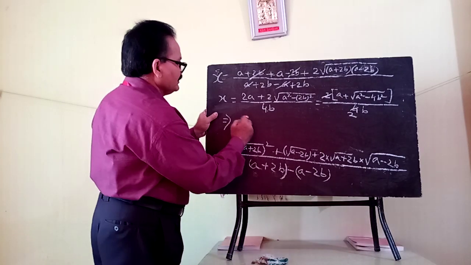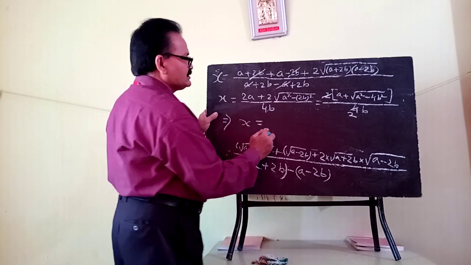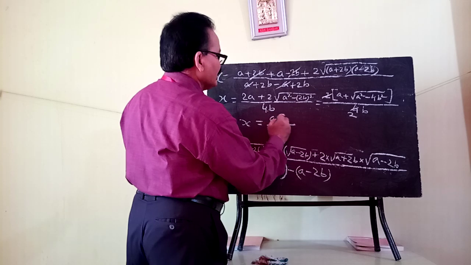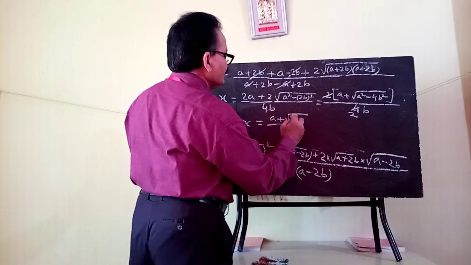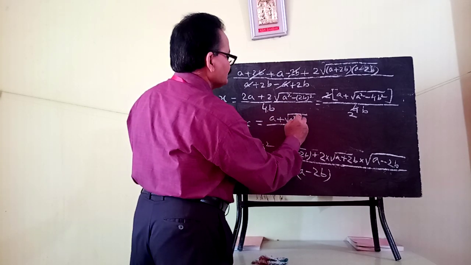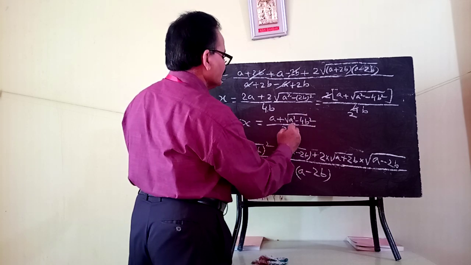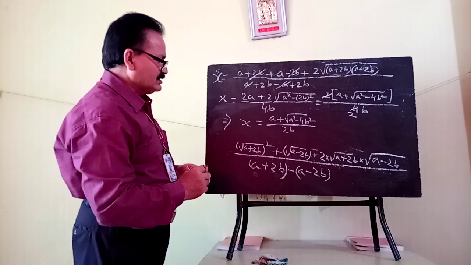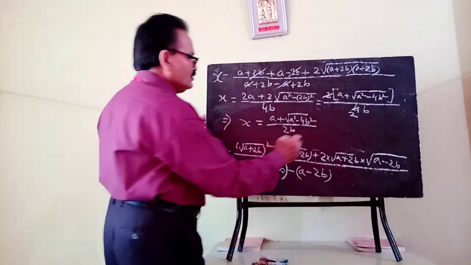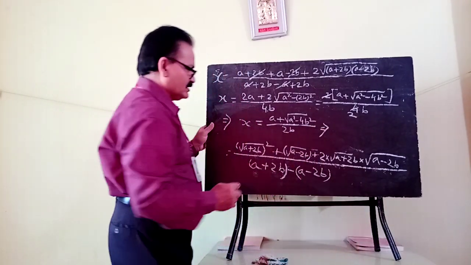So final value x equals a plus under root of a square minus 4b square, divided by 2b. This much you have got. Now what you do, you just cross multiply it.